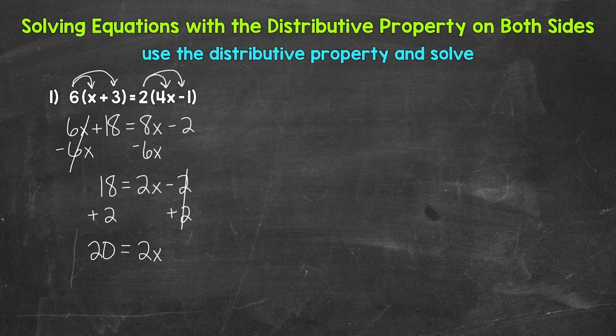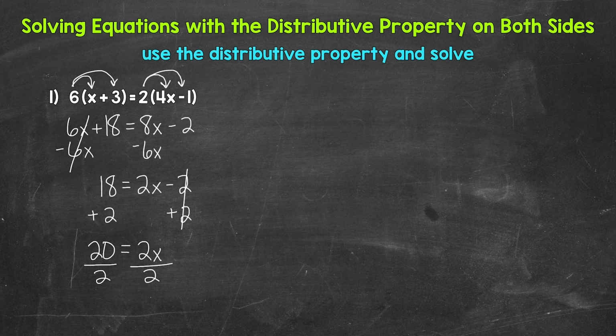So now we have 2x on the right side equals 20 on the left side. So 2 times x equals 20. Let's isolate that variable of x by using the inverse operation. The inverse operation of multiplication is division. So divide the right side by 2. That means we need to divide the left side by 2 as well.